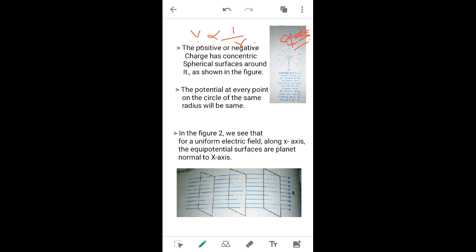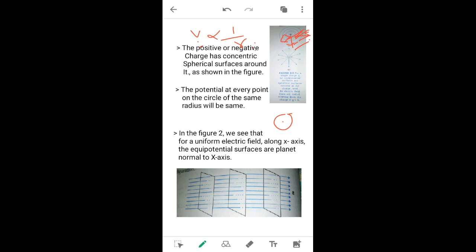If we take the same circle here, this is a source charge and surrounding it there is a sphere of influence of that charge.